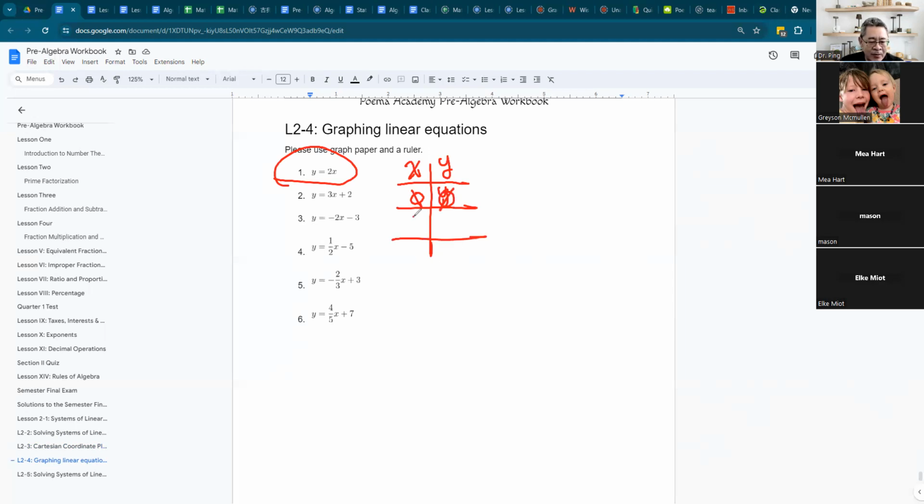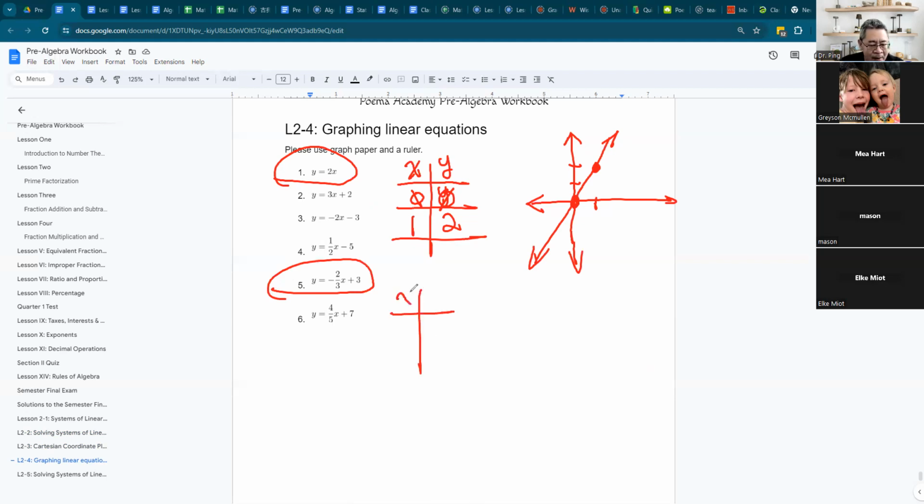And if x is 1, then 2 times 1 is 2. So that's how we find 2 points. Now, once you've got 2 points, all you need to do is use a ruler to connect. That is (0, 0) and (1, 2), then just connect them. Pretty straightforward.